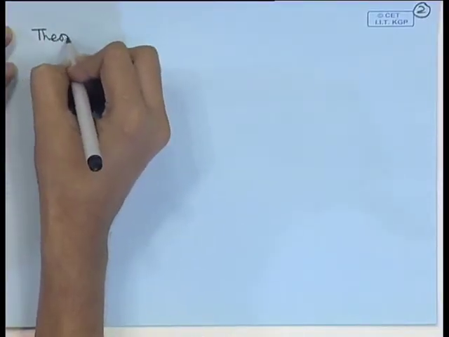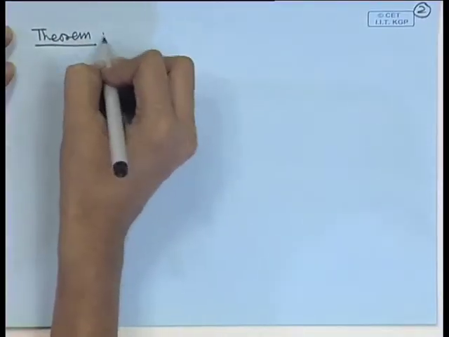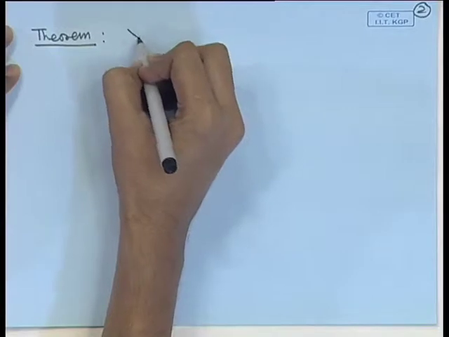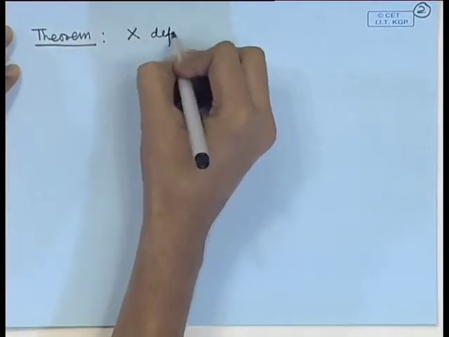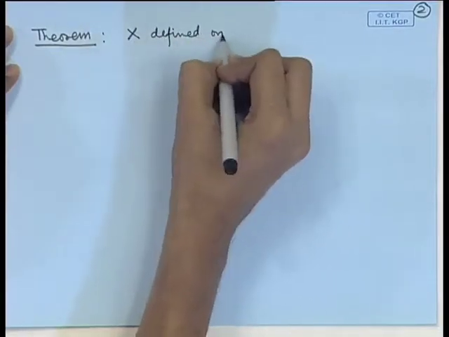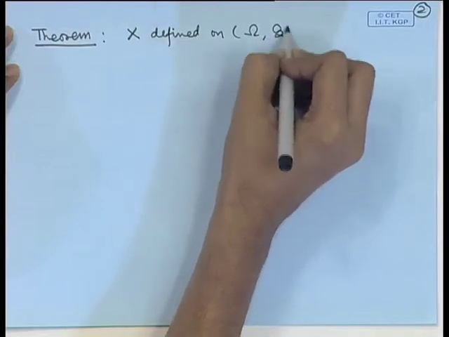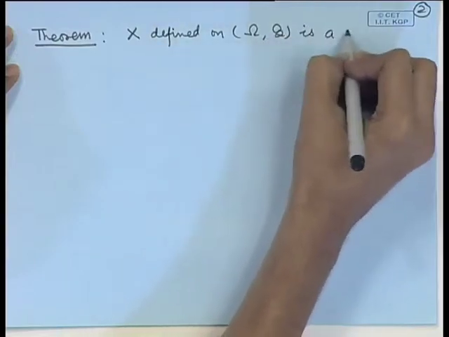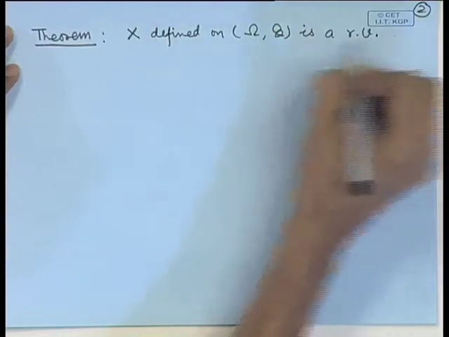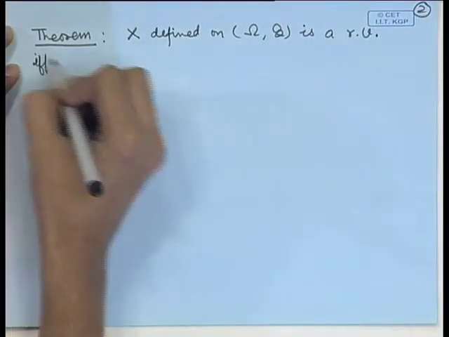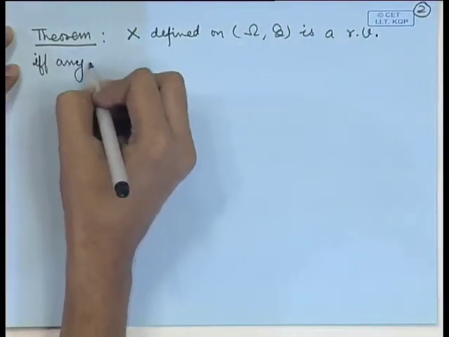An equivalent condition here is that we can state it in the form of a theorem. So, X defined on omega, B is a random variable if and only if any one of the following conditions is satisfied.